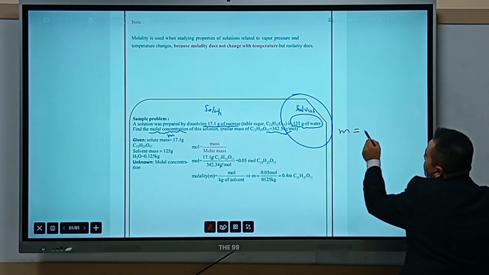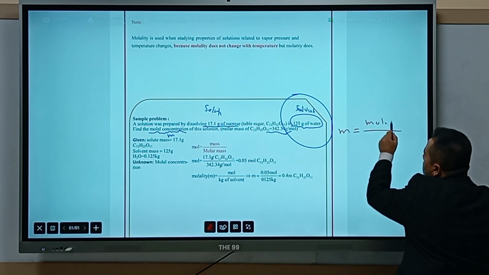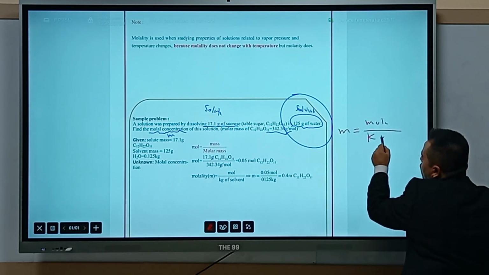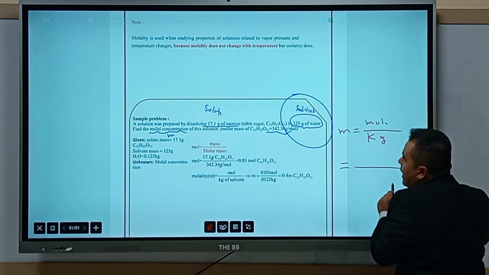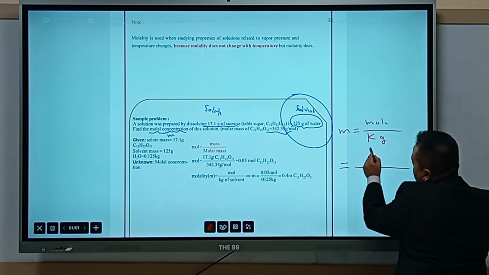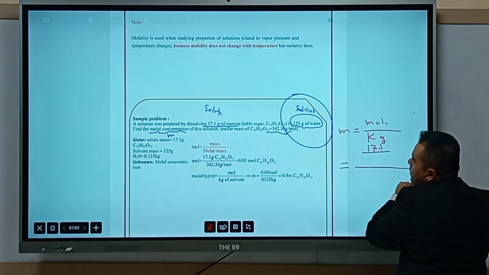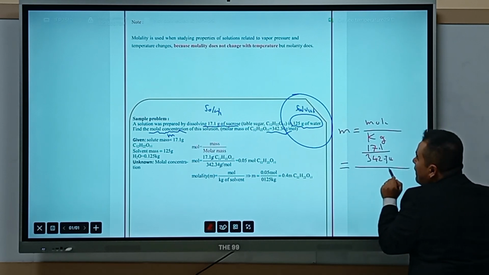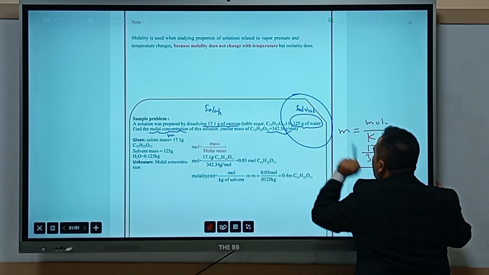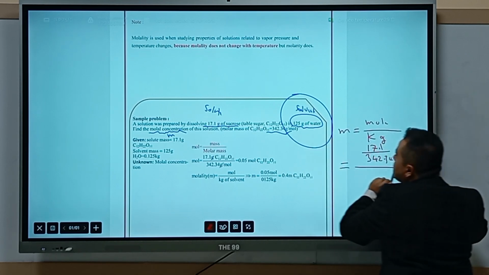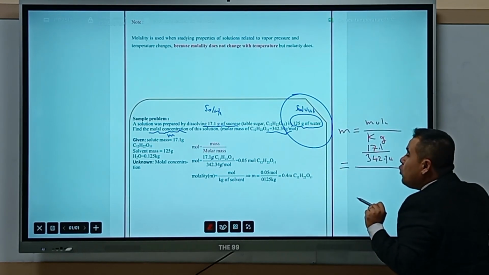Molality is equal to moles of the solute per kg of the solvent. The mole is not given, guys, so it is equal to mass per molar mass: 17.1, which is the mass, divided by 342.34, which is the molar mass, and divided by how many kilograms of solvent? 125 grams, you have to convert this into kilograms.